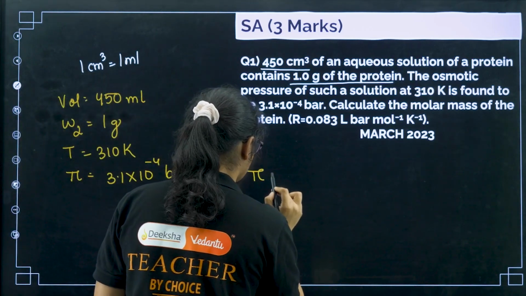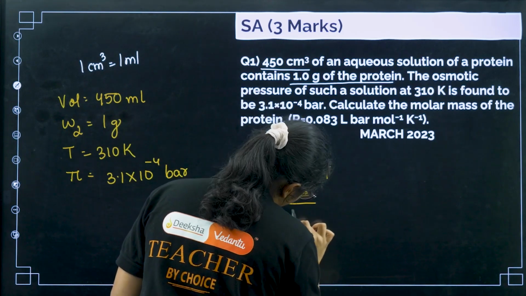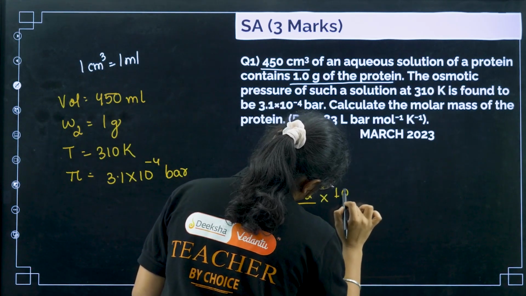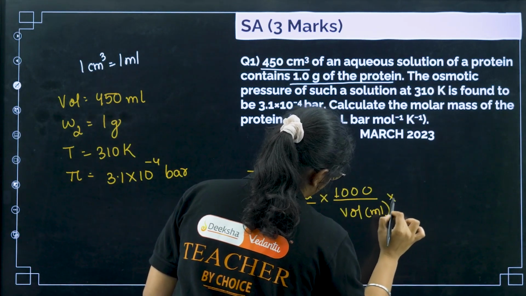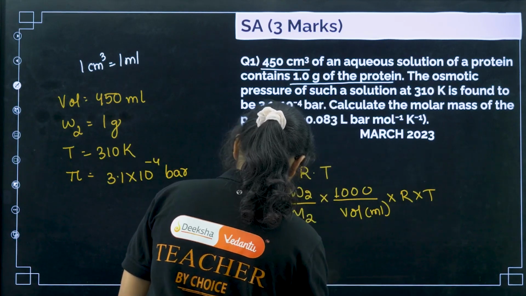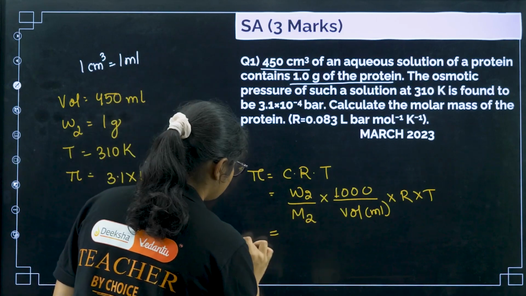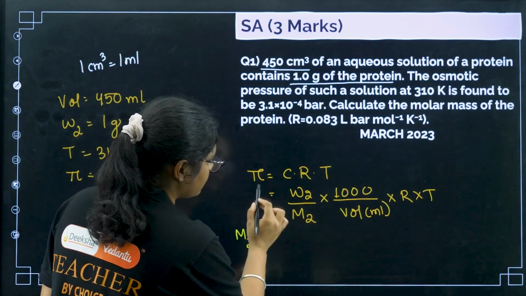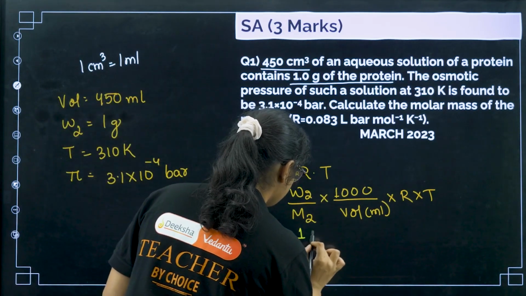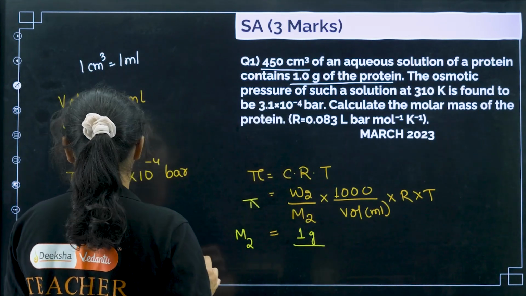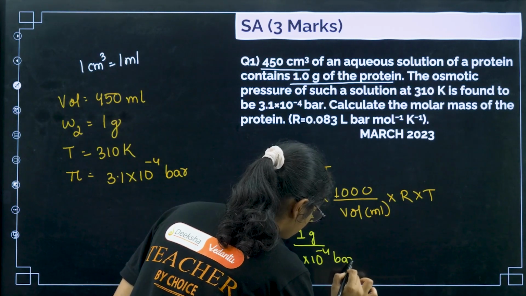So pi is equal to C into R into T. Pi is equal to W2 by M2 into 1000 by volume in ml, into R into T. Now I want to calculate M2. So M2 will be equal to W2 into R into T by pi. W2 is 1 gram, pi value is 3.1 into 10 to the power of minus 4 bar.